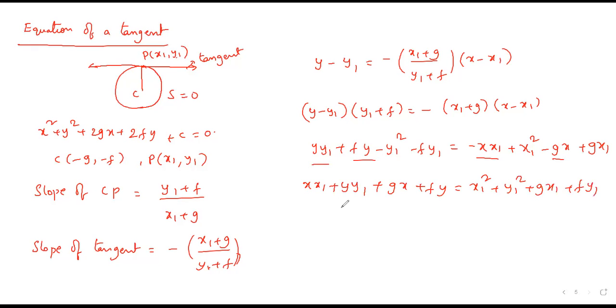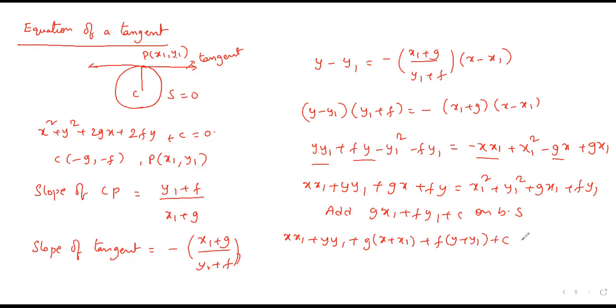So add g x1 plus f y1 plus c on both sides. So what do you get? x x1 plus y y1 plus gx plus g x1, that means g into (x plus x1) plus f into (y plus y1) plus c, equals x1 square plus y1 square plus 2g x1 plus 2f y1 plus c.